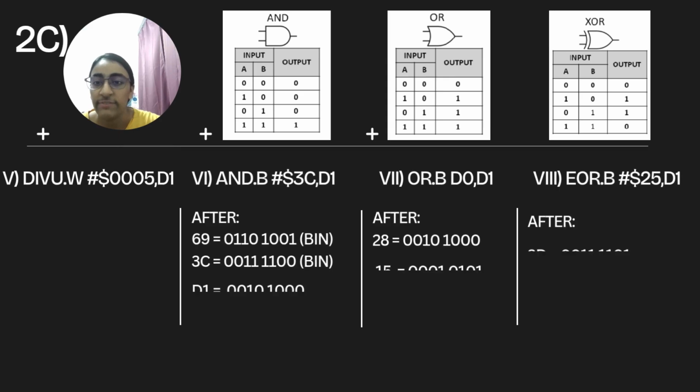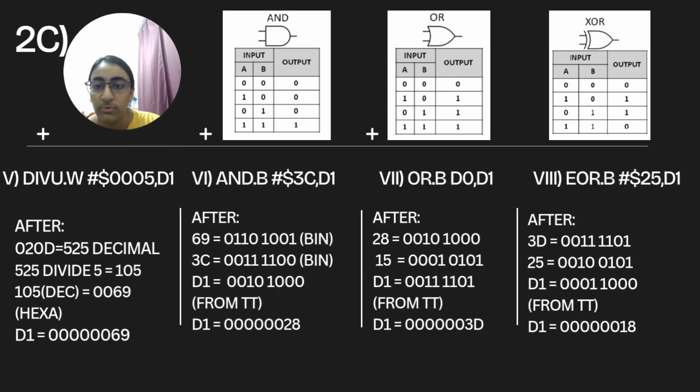Okay, so for question 5, it's saying divu.w #$0005, D1. For this, you're going to use the answer from the previous question. Since it's W, you're going to need the last 4 digits, so it's 020D. You're going to change that into decimal. You should get 525 decimal. Then you're going to take 525 divided by 5. This 5 is coming from this question itself, because you're going to use 0005, changed from hexa into decimal.